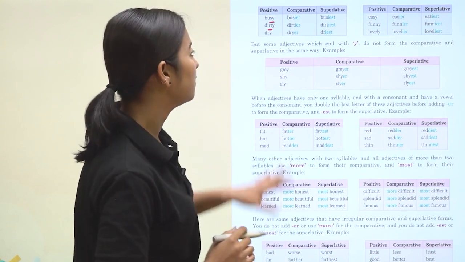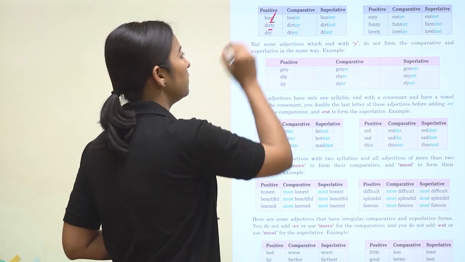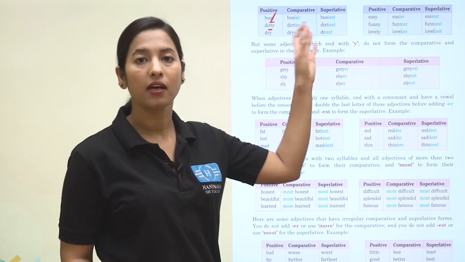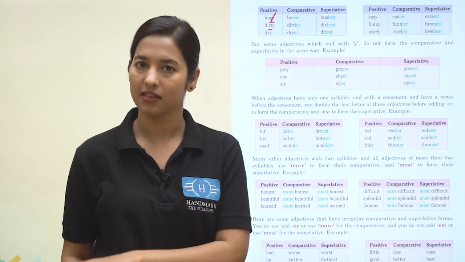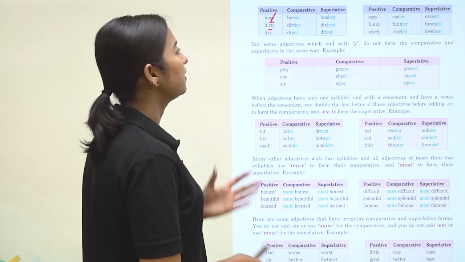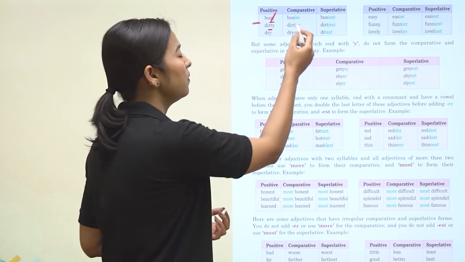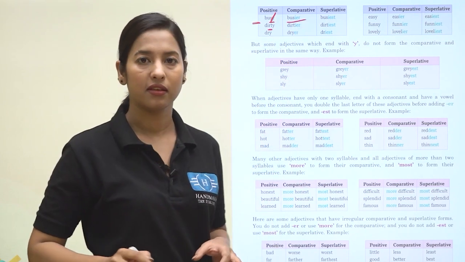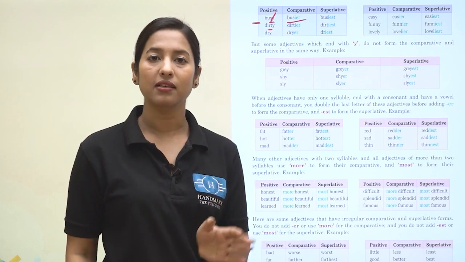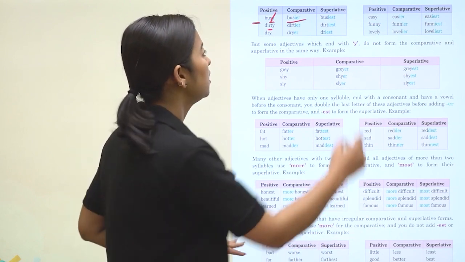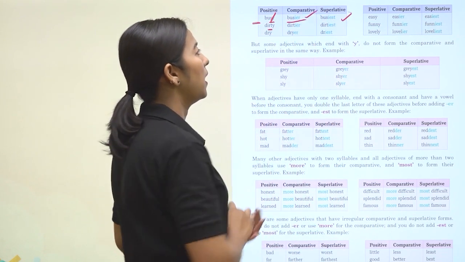In such a case, we remove Y and replace it with IER and IEST. For example, busy is positive, busier, B-U-S-I-E-R, is comparative, and busiest, B-U-S-I-E-S-T, is superlative.